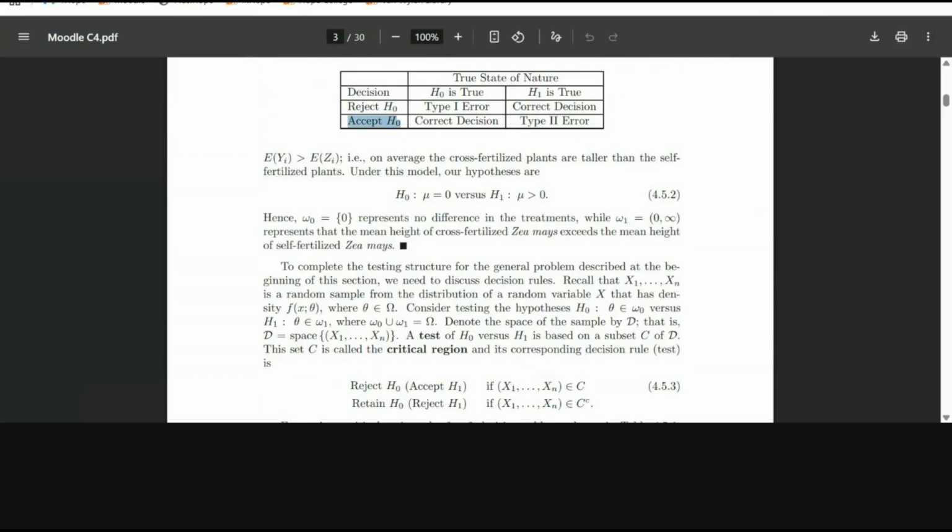Look carefully, right? A type 2 error happens when you decide to accept the null, but the state of nature is that the alternative is true or the null is false. I'm now telling you the null is false. Mu is actually 70.2, and you have made the decision to accept the null.